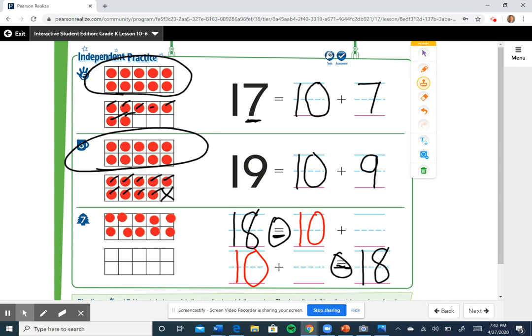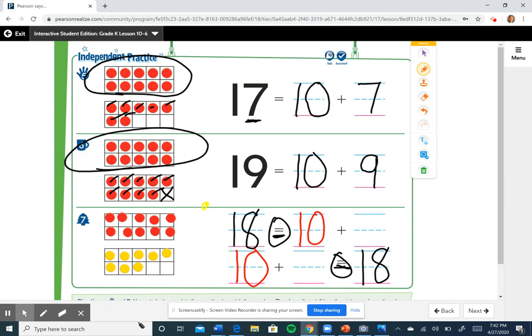How many more ones do I need to get to 18 from 10? So let's keep counting. Ready? 11, 12, 13, 14, 15, 16, 17, 18. Now we need to go back and count how many yellows we have.